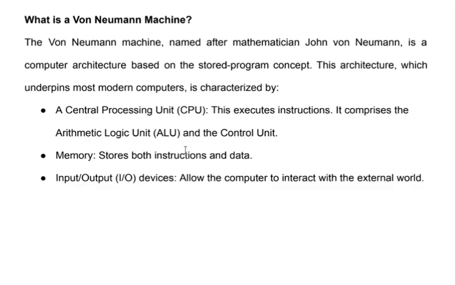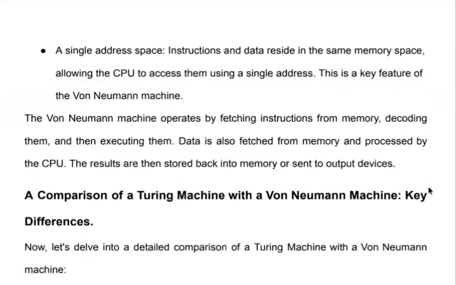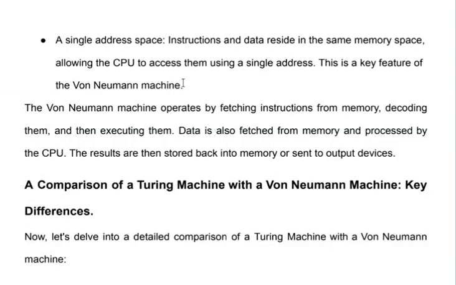Memory stores both instructions and data. Input-output devices allow the computer to interact with the external world. A single address space: instructions and data reside in the same memory space, allowing the CPU to access them using a single address. This is a key feature of the von Neumann machine.